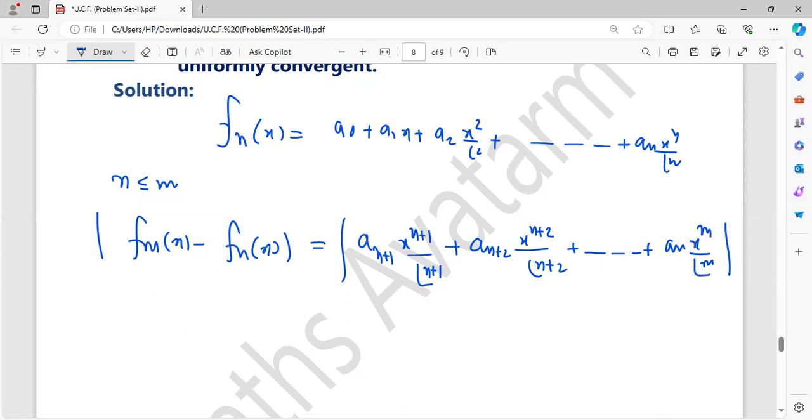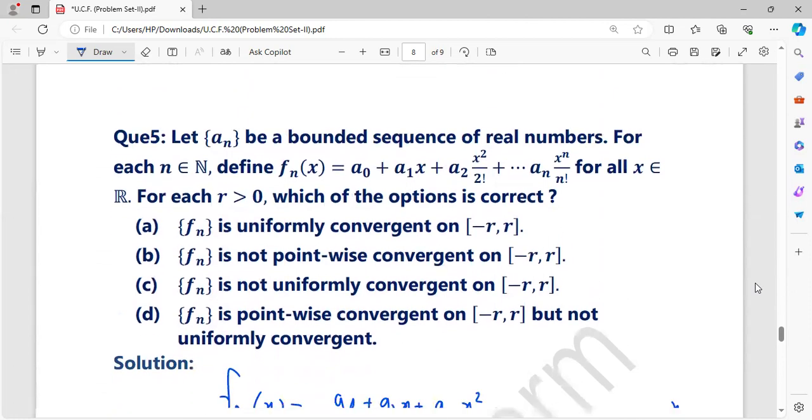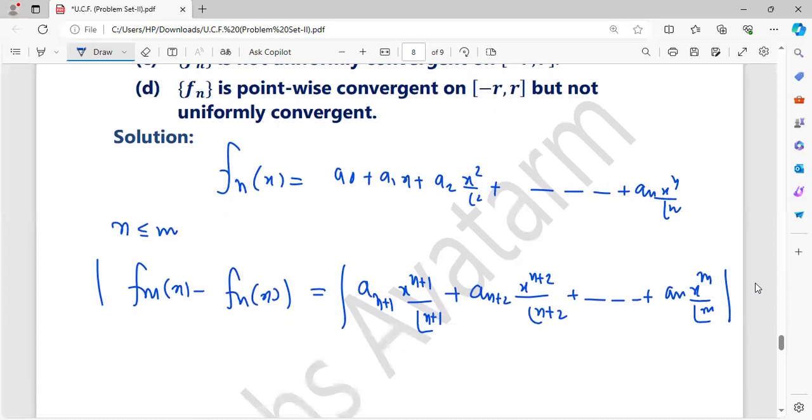It is given in the question that the an's are bounded. So let's say the bound, the supremum of |an|, is M. Because the an's are bounded, the supremum is finite.